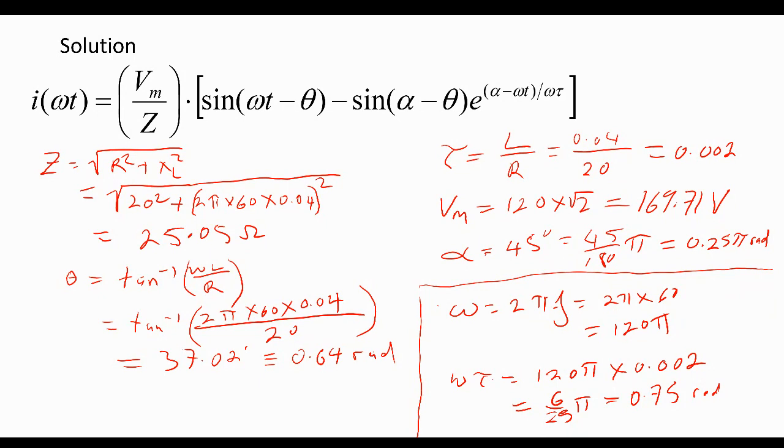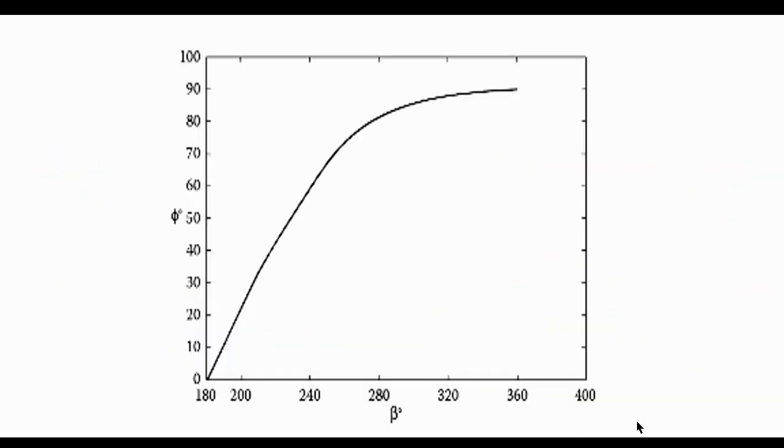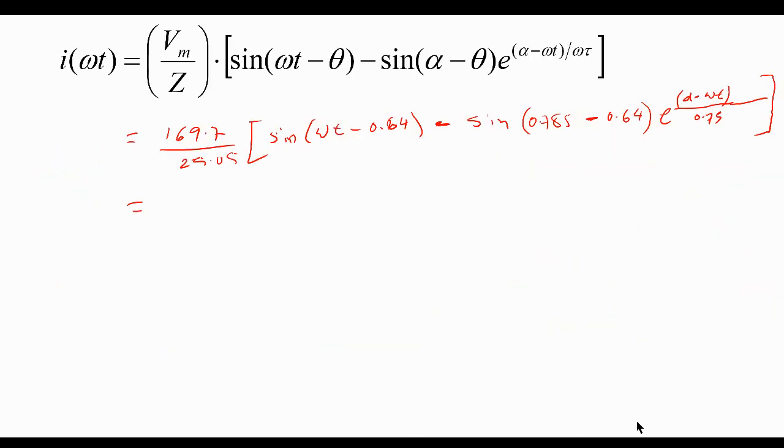And then we need omega tau in the expression. So work out omega tau. This is 120 pi multiplied by tau. We found tau to be equal to 0.002. And we multiply that, we get 0.75 radians. So we can substitute. So you can work that out. I'll give you some time. Hope you don't make any mistake. Give you a few minutes.